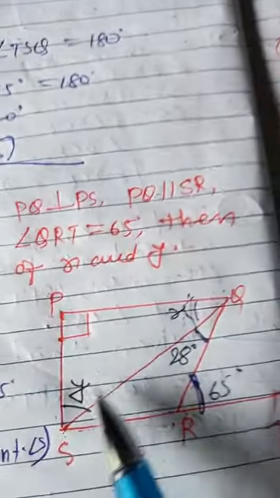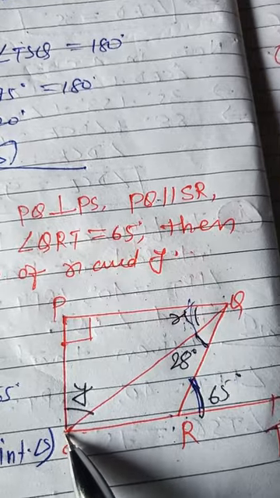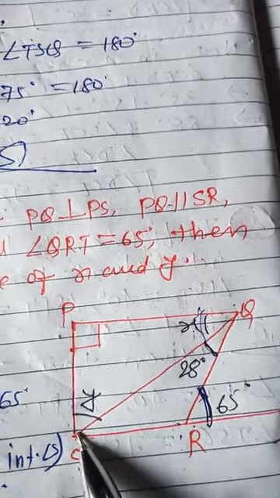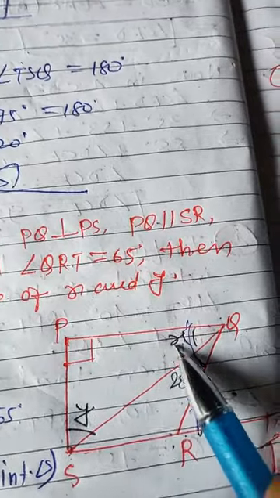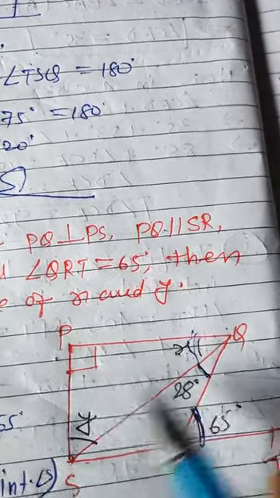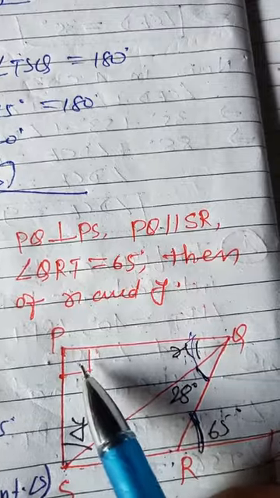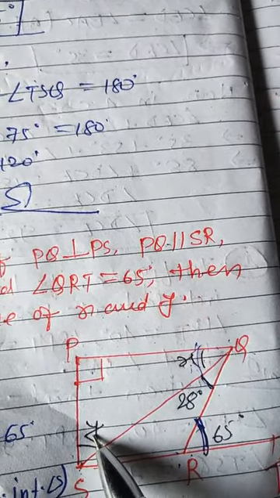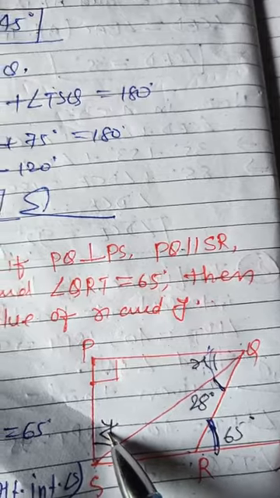Now to find the value of angle y, we look here at triangle PQS. The value of x is obtained. This value is 90 degrees. So we can find the value of y again by using the angle sum property of triangle.